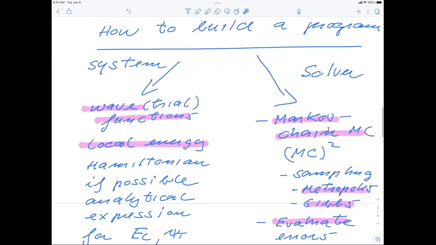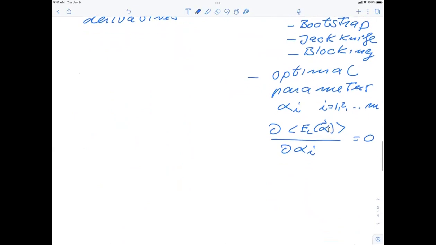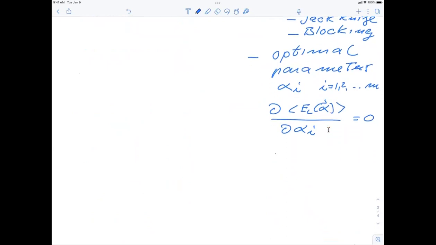And when we optimize it, we need a method to find the derivatives of the expectation value as a function of these parameters. Now, in order to find these derivatives and to use them to find the optimal parameters, we are going to need mathematical methods to optimize a function.